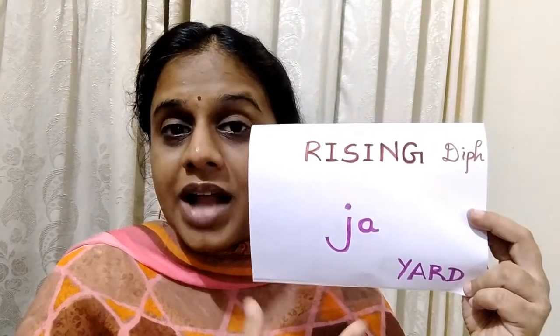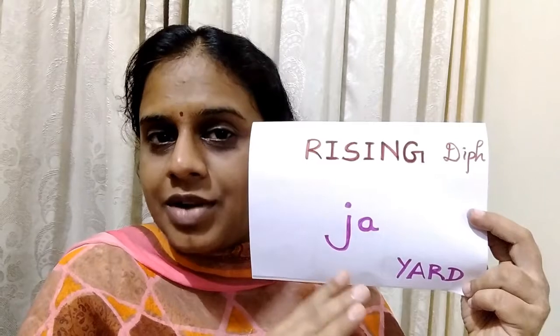Here y is rather feeble and a is of better vowel quality, right? So this diphthong begins from a vowel which is feeble, which has less pitch or volume and less vowel quality, and then it moves towards a very prominent one, a vowel of a better quality or better pitch and volume. Yard. See? Yard.